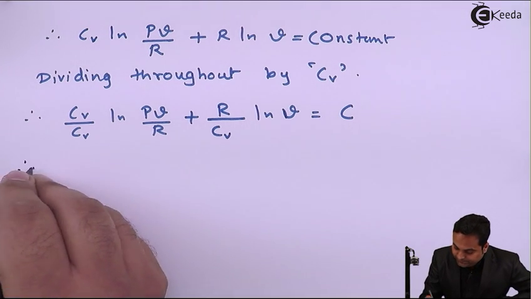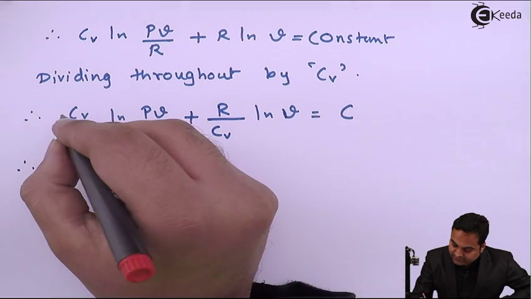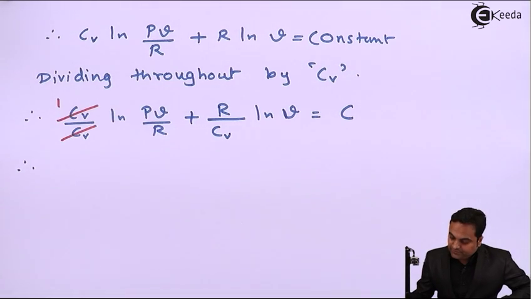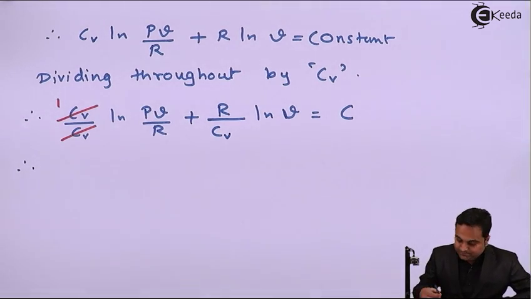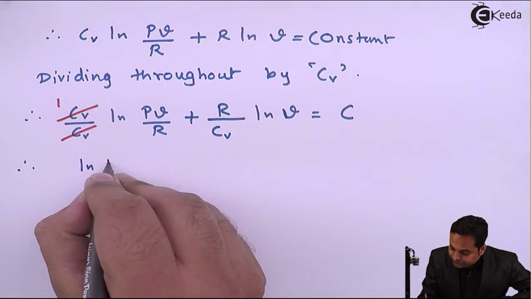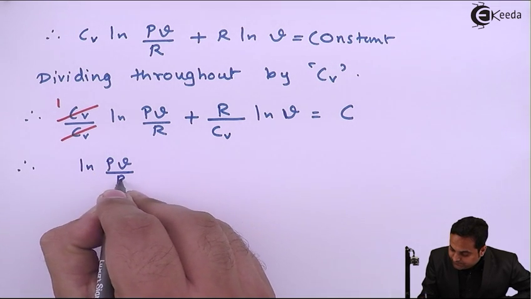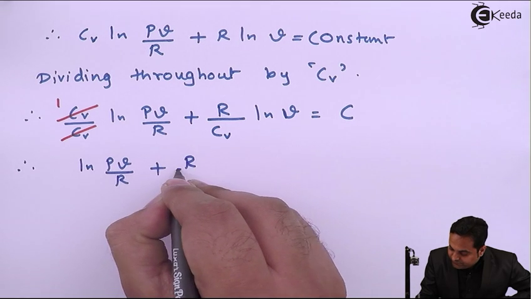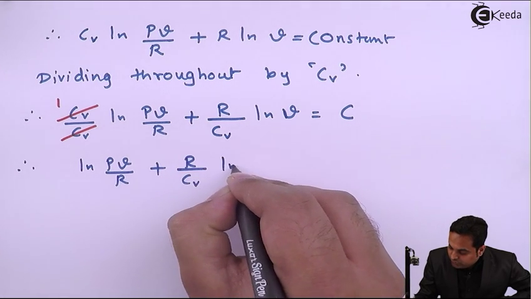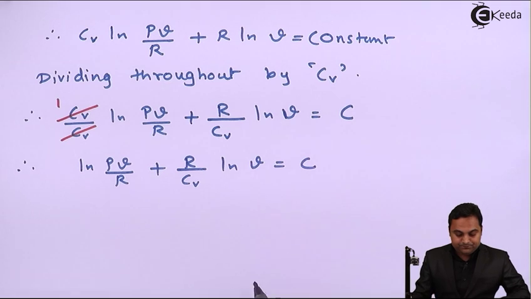Next, therefore CV upon CV will get cancelled out, 1 remains here. So we have ln of PV upon R plus R upon CV ln of V is equal to C.